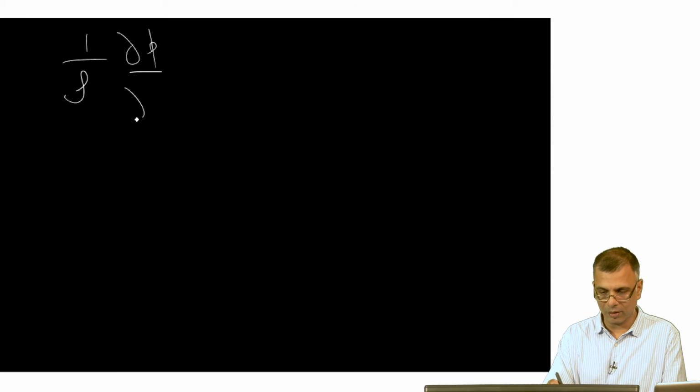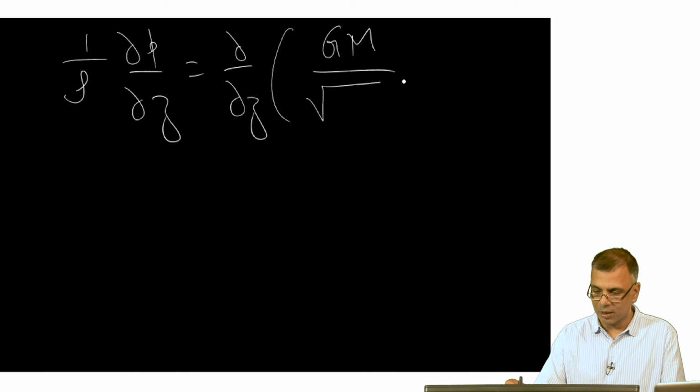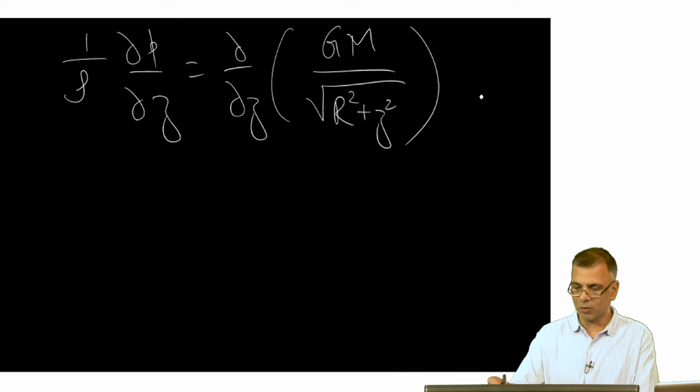We had written down the vertical component of the momentum equation as this, and on the right hand side is essentially the gravity term. This is not just GM over r squared plus z squared.